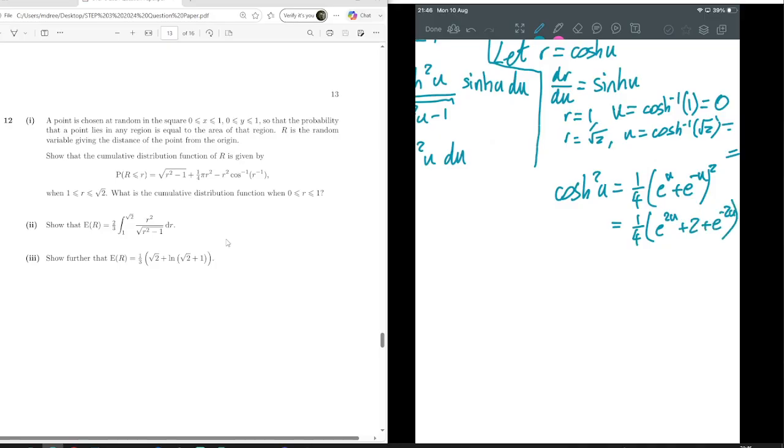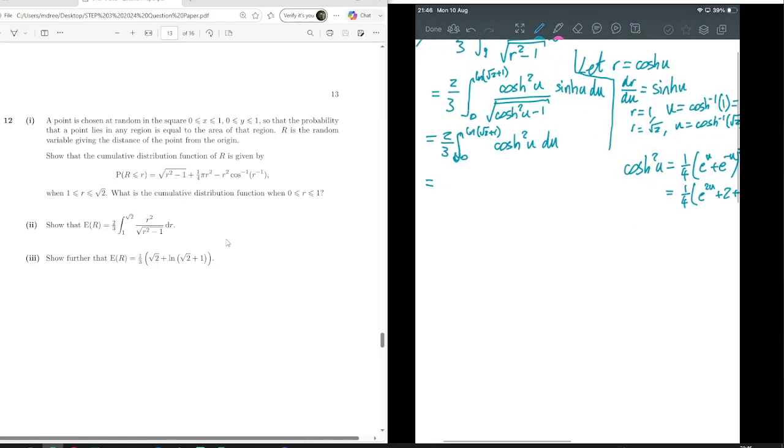So that's going to be a quarter e to the 2u plus 2 plus e to the minus 2u. So over here, this is now going to be the integral of 1 over 6. I'm pulling that quarter out of the way. And this is the integral between 0 and stuff of e to the 2u plus 2 plus e to the minus 2u du.